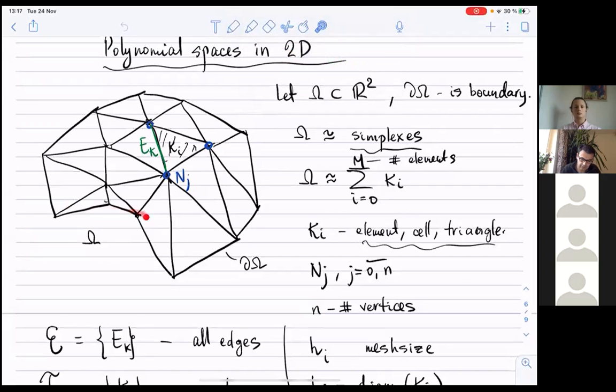When we have a domain like this, it could be a complicated domain. What we did, we triangulated. That is, we divided it by simplexes.